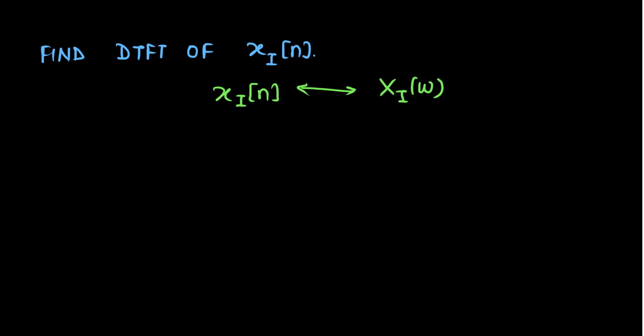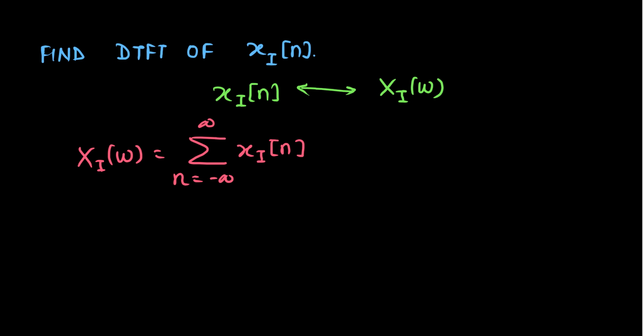Therefore this xi of omega can be given as summation n running from minus infinity to infinity xi of n into e to the power minus j omega n.